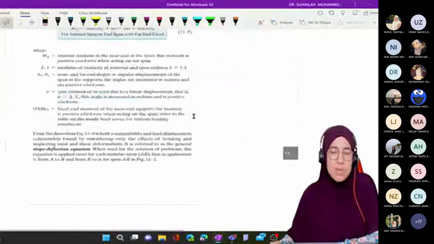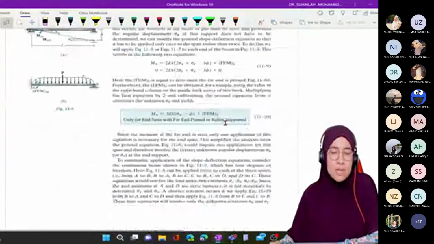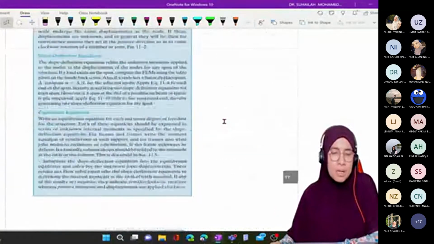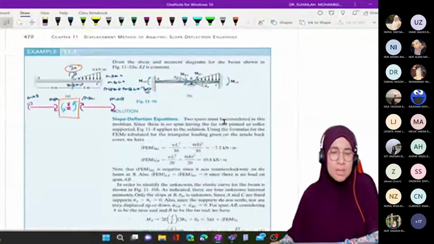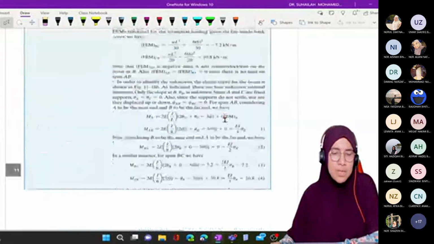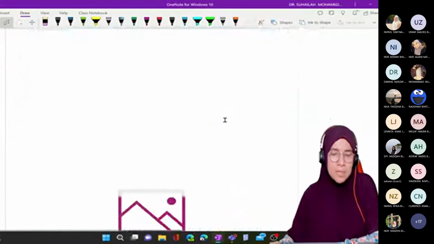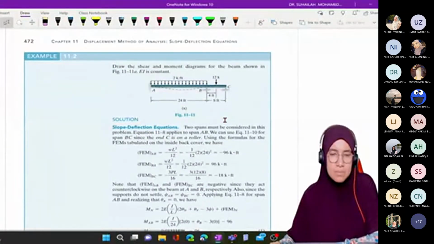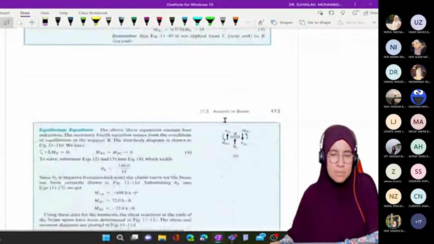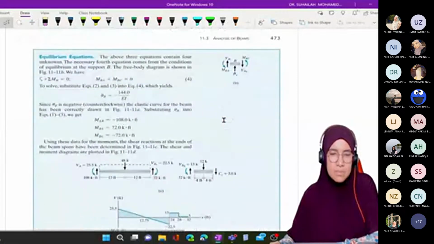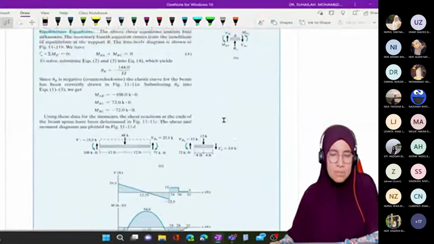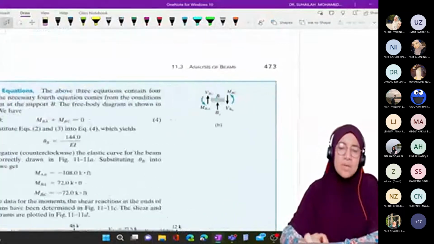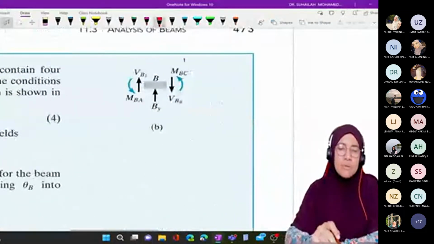Okay, I want to pick one beam question in this topic, and we will try to solve it using the moment distribution method. Okay, this is the concept of joint moment.